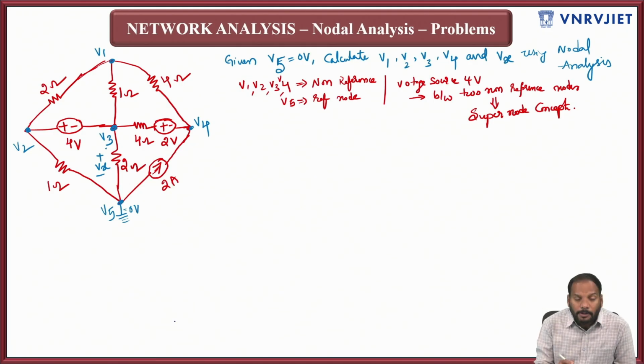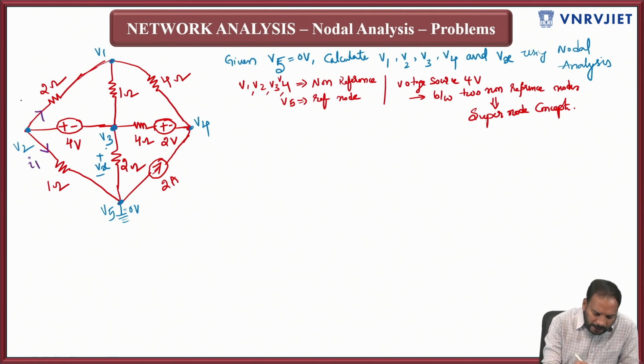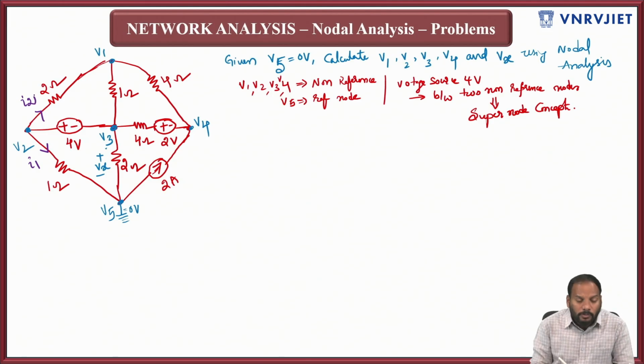Even though the problem looks typical, we'll go with the standard procedure that I have explained in the previous lecture videos. Once the indication of nodal voltages is done, we'll fix the branch currents. I'll fix this current as I1, and this current as I2.